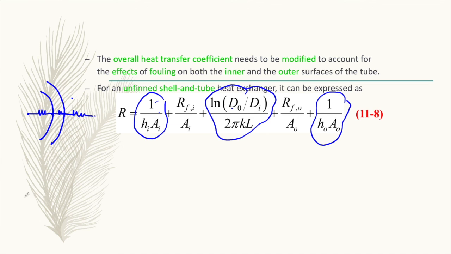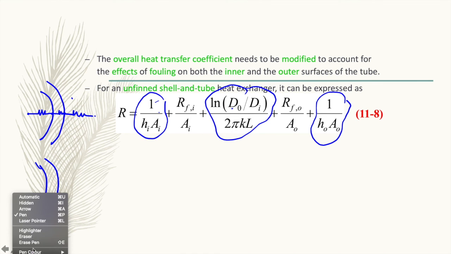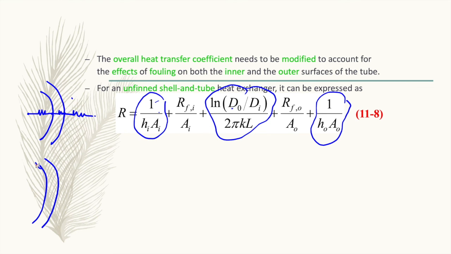So what will happen when we have fouling? There will be a deposit on the inside tube surface and the outside tube surfaces.